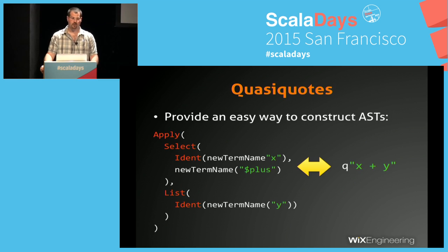Using quasiquotes, which are built into Scala 2.11 and can be added as a compiler plugin to Scala 2.10, we get a string interpolator that lets us basically write code-like strings, including the ability to stick stuff into them, as I'll show you in a second, that just saves us the trouble of having to break down the abstract syntax trees by hand. So we don't have to write all of this. We can just write that little bit that's on the right that's significantly easier to read and maintain. And that's the way it ought to be.